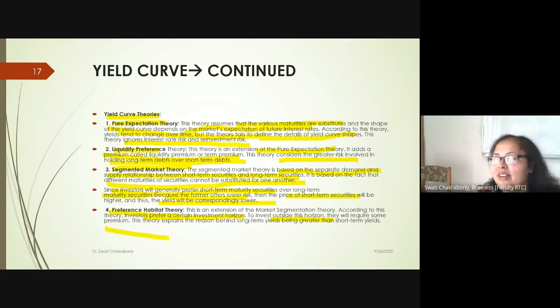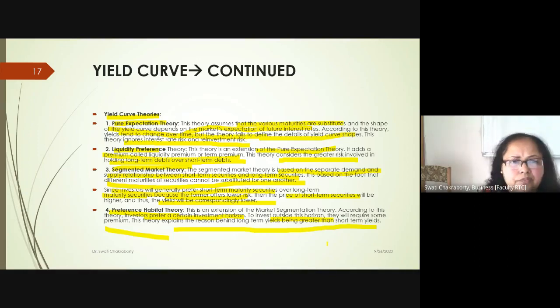If you want them to invest for a longer period of time or in some other type of investments which they are not willing to, you have to give them some incentives, right? This theory also explains the reasons behind long-term yields being greater than short-term yields, because you want someone to invest for a longer period of time, you have to give them more returns, right?